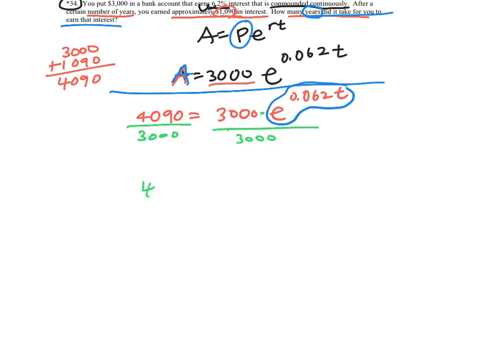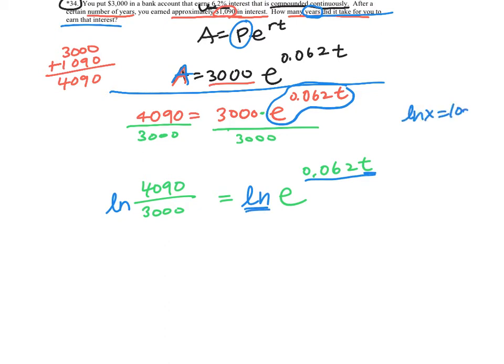So I get 4090 divided by 3,000 is equal to e to the 0.062t. And I'm trying to get t by itself, so I want to bring it down from the exponent. To do that, I will need to take the natural log of both sides. I'm taking the natural log because remember, natural log is the same thing as log base e.